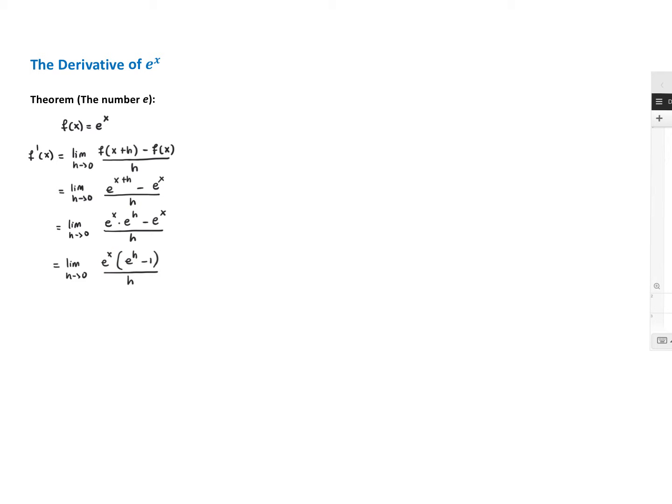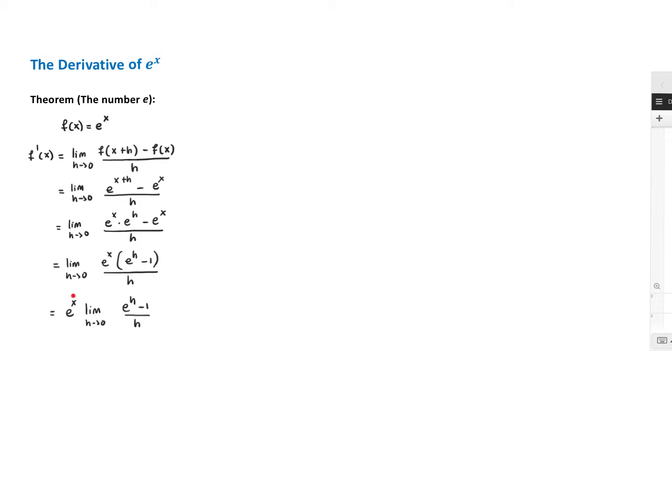E to the x is not. There's no h here. So that means that I can take e to the x and place it in front of the limit notation, like we do to coefficients, for instance. E to the x doesn't depend on h, so we can pull it outside. And we can rewrite this as e to the x times the limit as h approaches 0 of e to the h minus 1 divided by h.